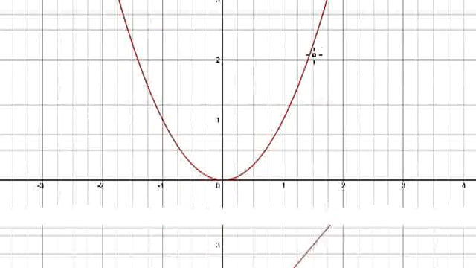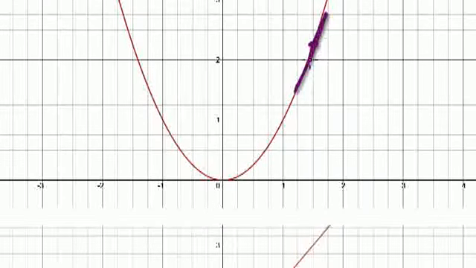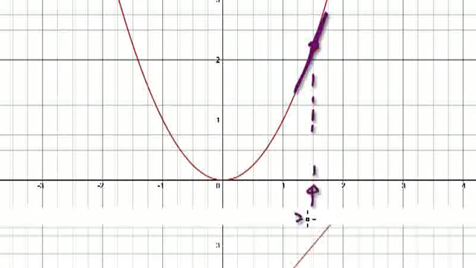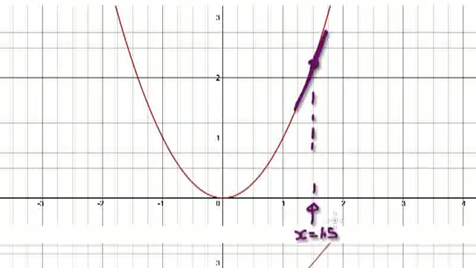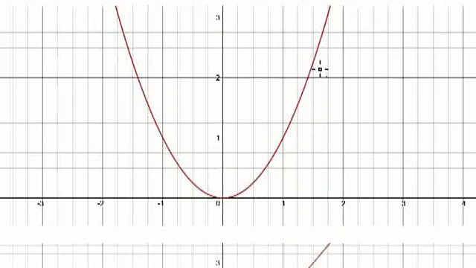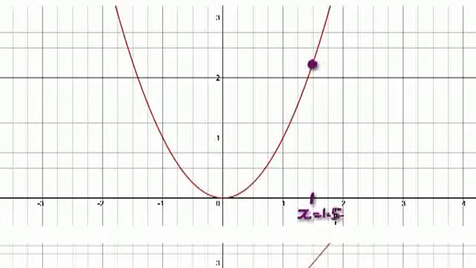Let's say you want to find out this point here. What is the gradient at this point? You can see the gradient is quite steep, and it's a positive gradient. Let's say this point here is 1.5, so x equals 1.5. We want to find out the gradient at this point, when x equals 1.5.